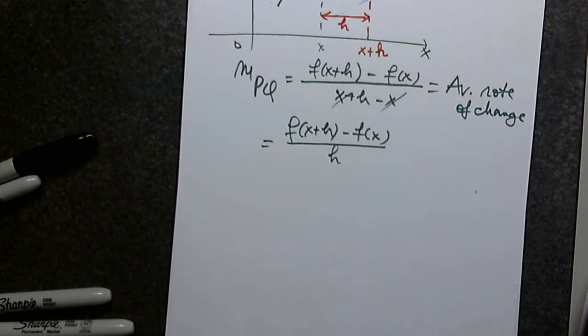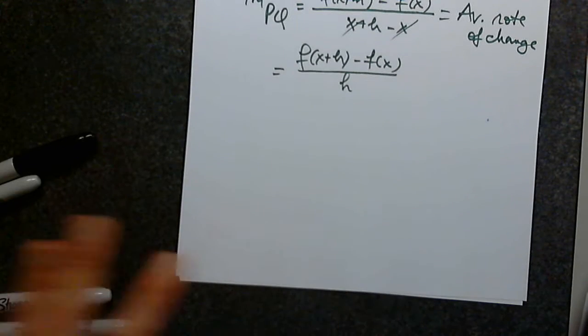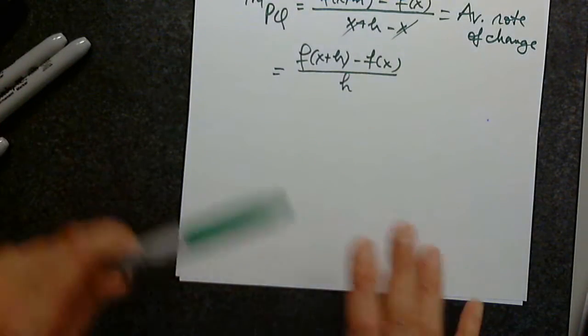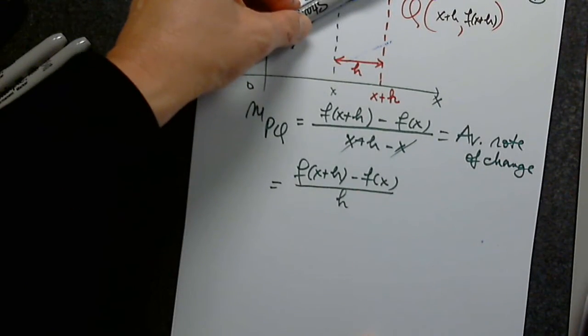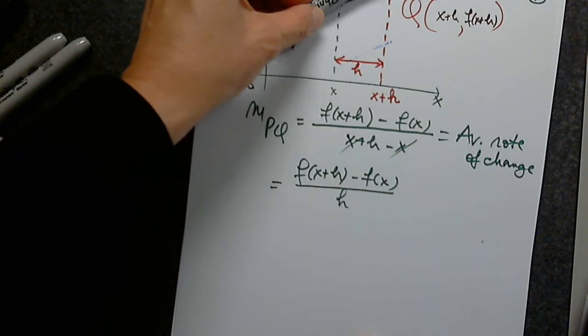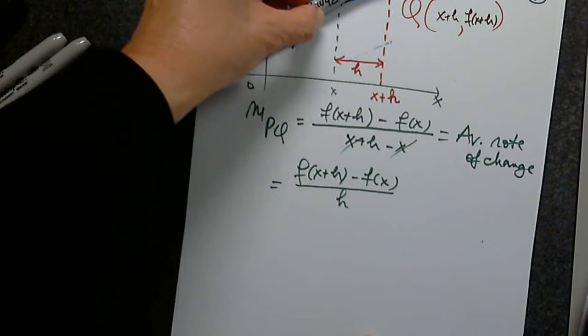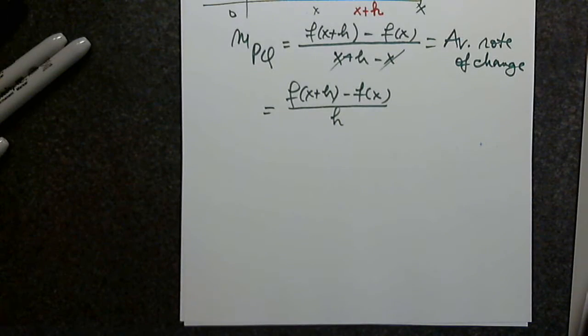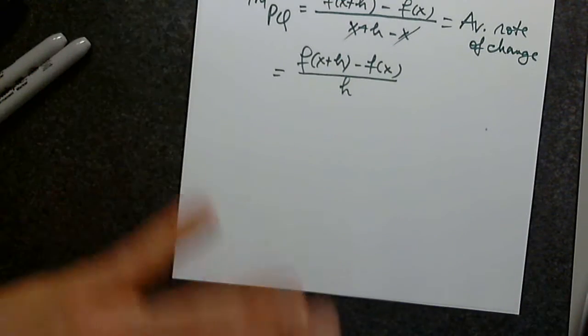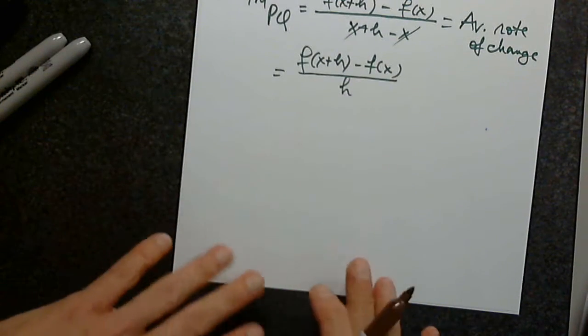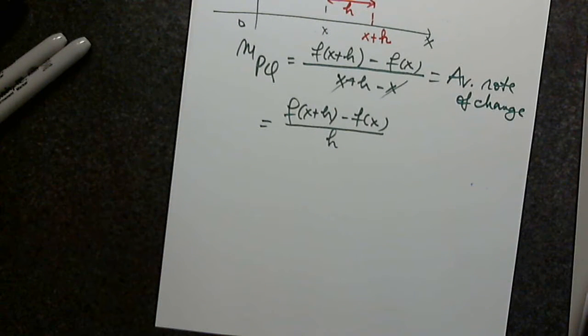So now this doesn't completely solve our problem. How do I get the slope of this line here at this point, or the tangent line? Okay, here's our next assessment. Did you say that the difference quotient is the average rate of change? Yes.